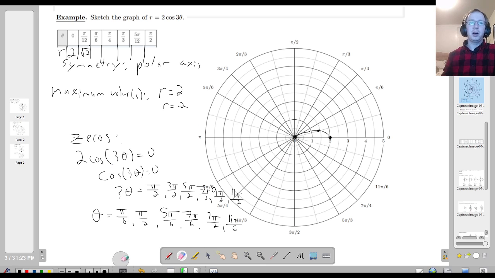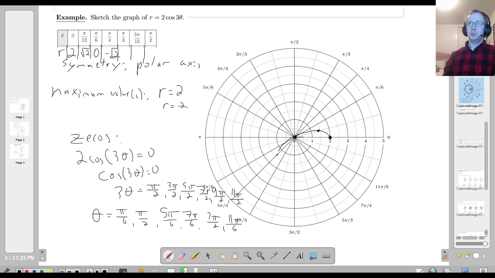Alright, well let's try pi over 4. If I multiply that by 3, that's 3 pi over 4. Cosine of 3 pi over 4 is negative root 2 over 2. Multiply that by 2, it's negative root 2, so negative 1.4-ish. Here's my angle, pi over 4, but I'm going to go in the opposite direction, 1.4. So straight this way.